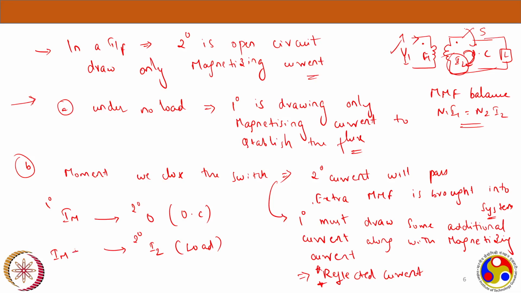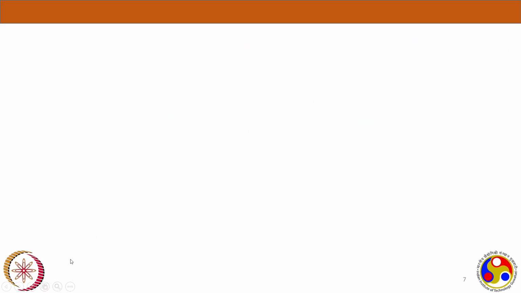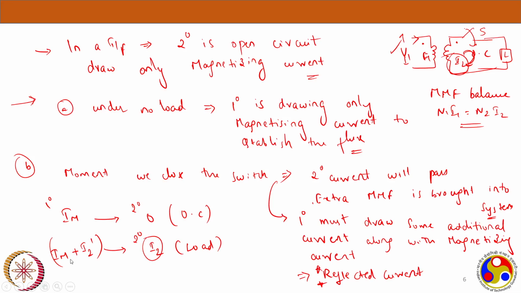Now, because of this current I2, my stator will draw some reflected current which is similar to this I2, but it is I2 dash, that is, something in terms of the stator. So this I2 dash will be drawn by my primary in the loaded condition. Now the value of I2 dash will be such that N1 I2 dash will be equal to N2 I2.